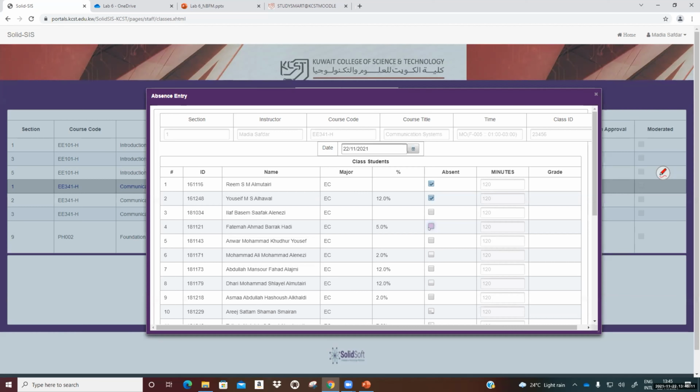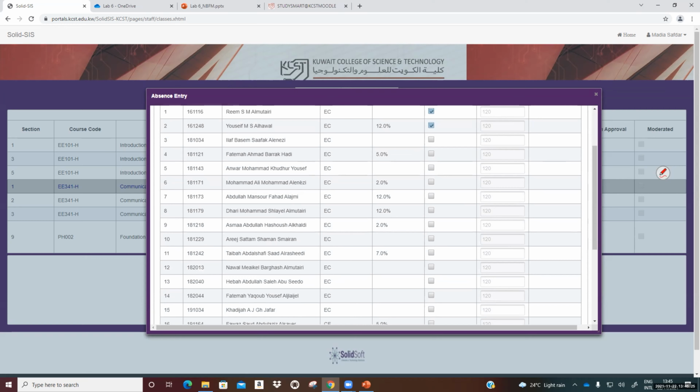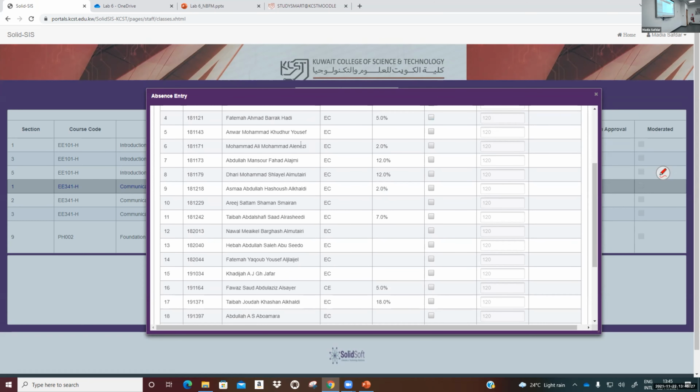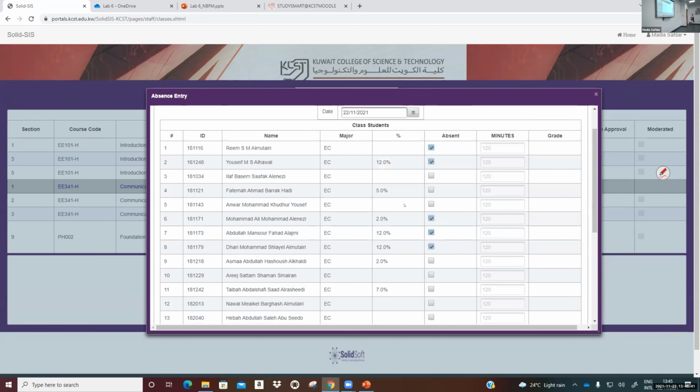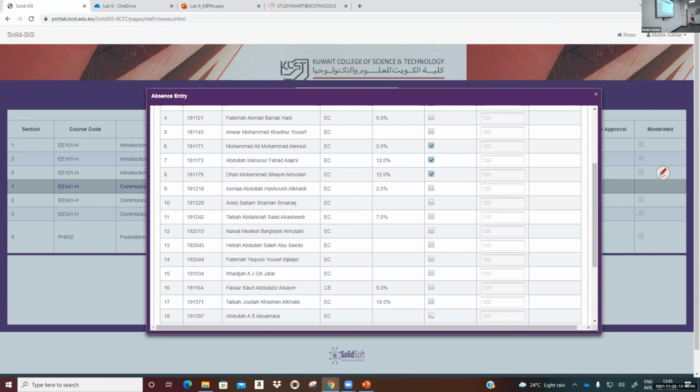Anwar, here. Muhammad Ali, absent. Abdullah Mansoor. Dari Muhammad, going above 12%.